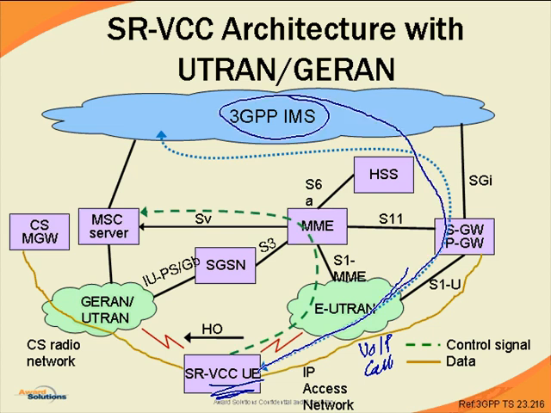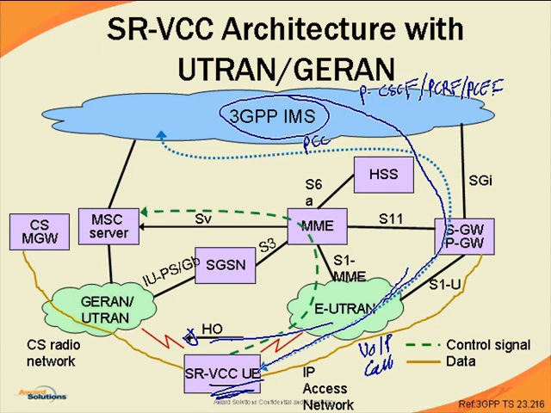So basically we have proxy call session control function, PCC architecture is there. So we have now set up the voice over IP call with the LTE system. The IMS network knows that we are in LTE. After some time, the user keeps moving away from the LTE coverage area. So then we would have to do handover.